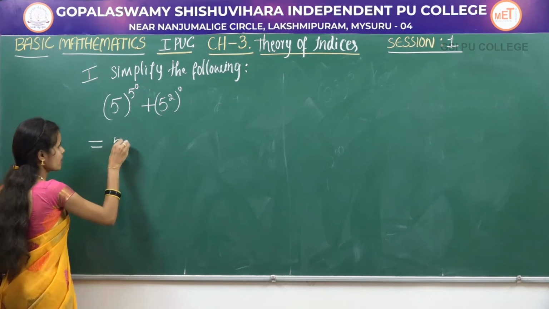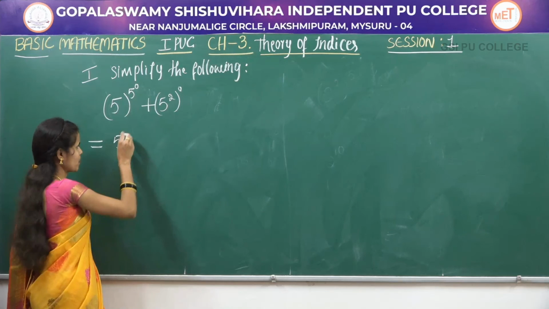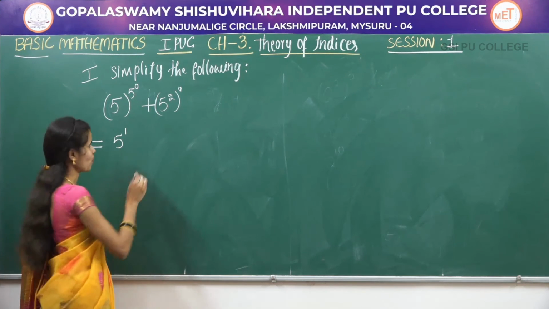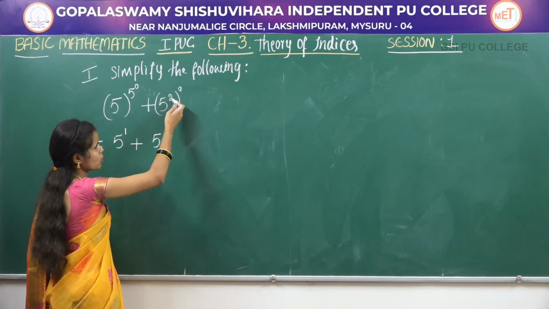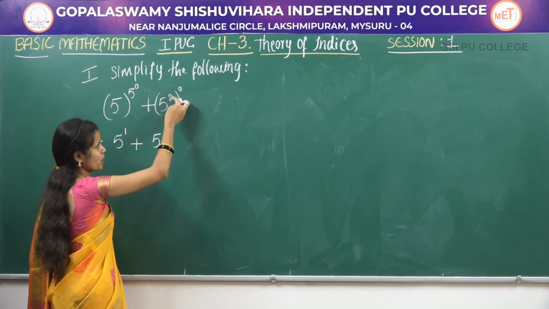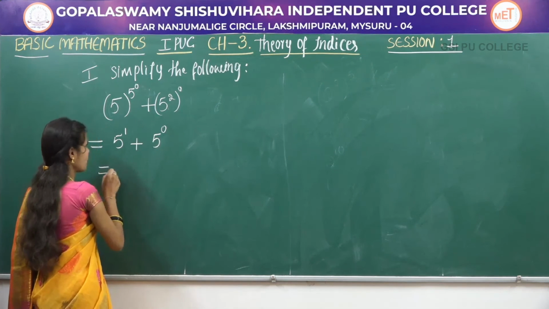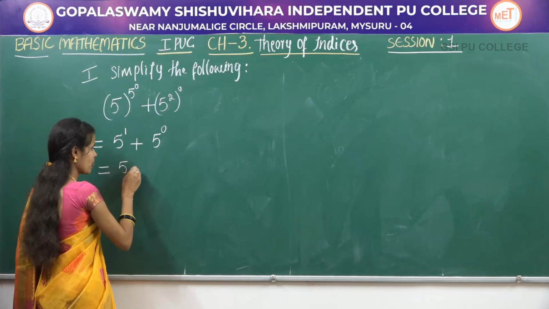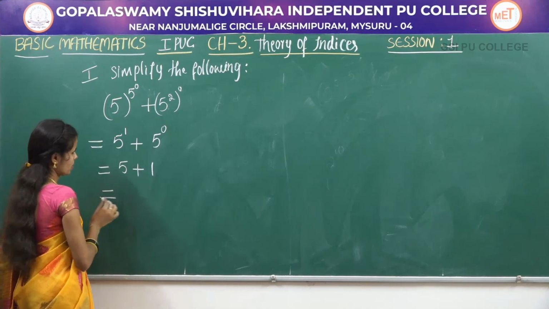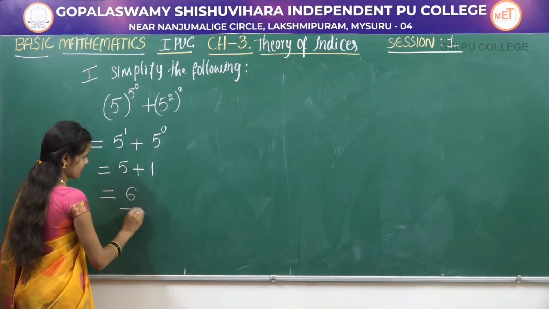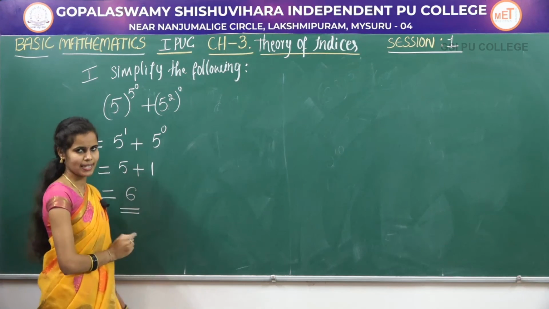Here write 5 as it is. 5 to the power of 0 is 1, plus 5 square whole to the power of 0: there are 2 powers, multiply the powers, 2 into 0 is 0. So 5 to the power of 0 is 1. So 1 plus 1... I mean 5 plus 1 is 6. So the value of this problem is 6.